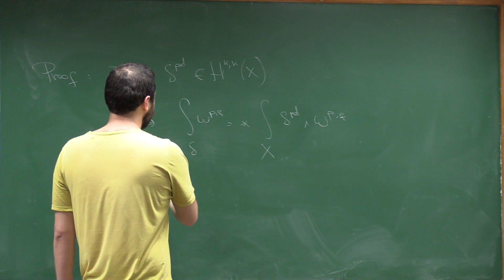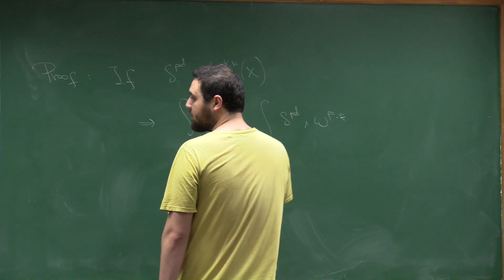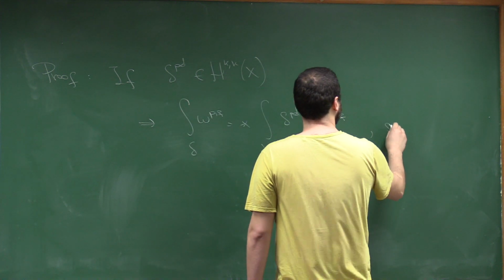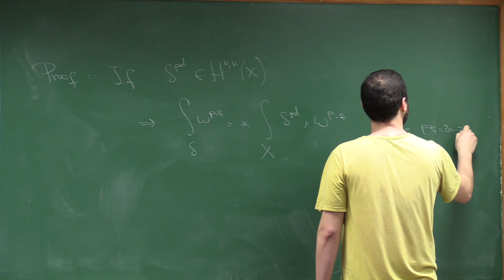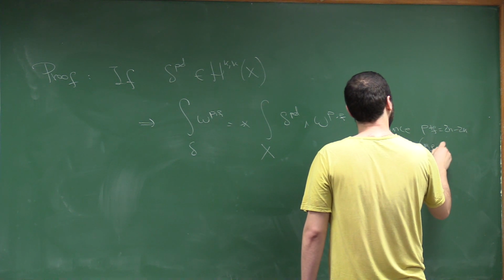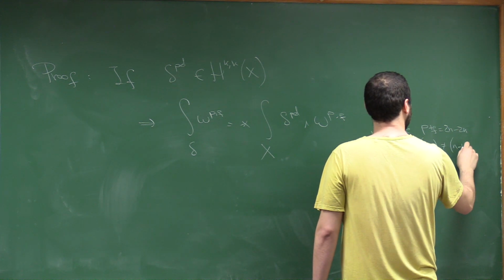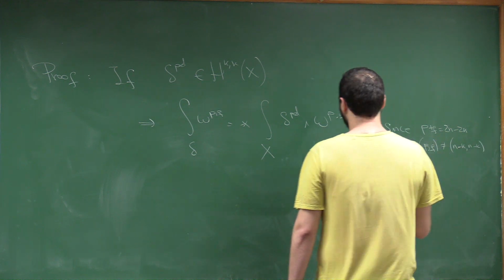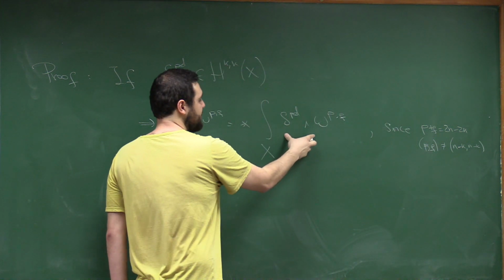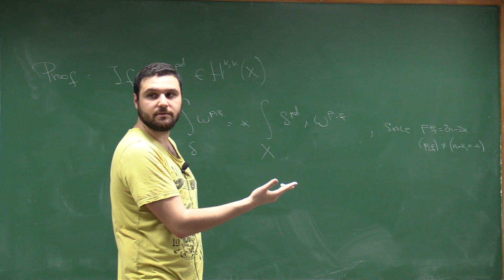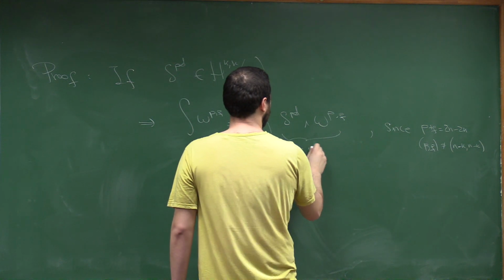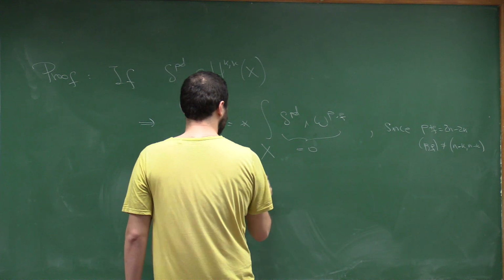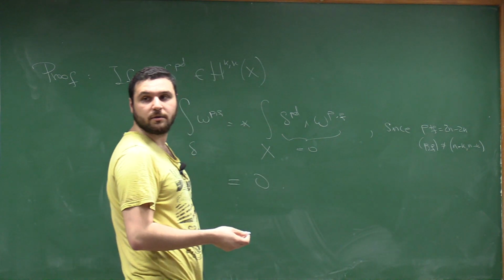And since p plus q is 2n minus 2k and (p,q) is not (n-k, n-k), whenever we do this wedge product, we will get 0, right? So this will be 0, and so this is 0, right?